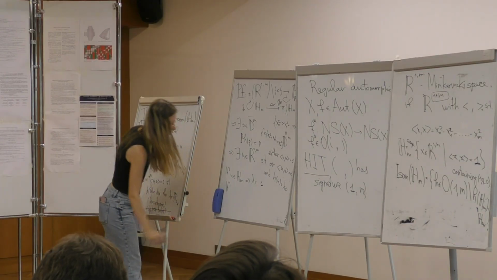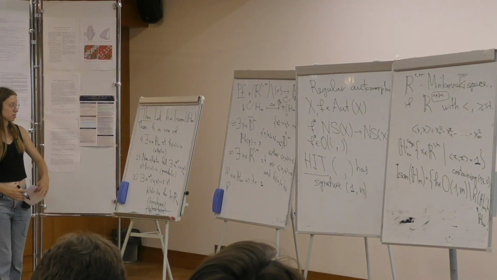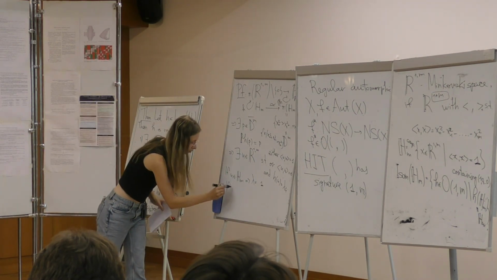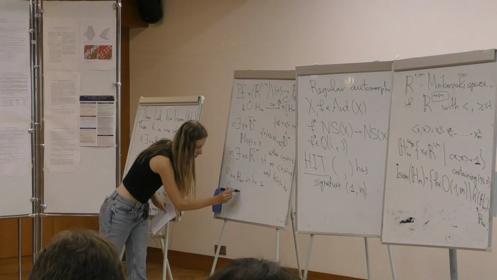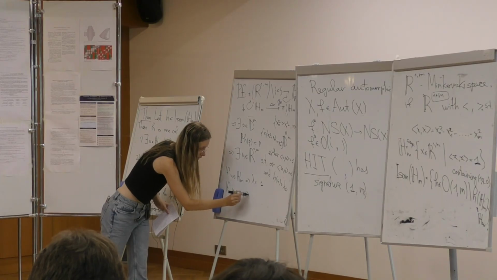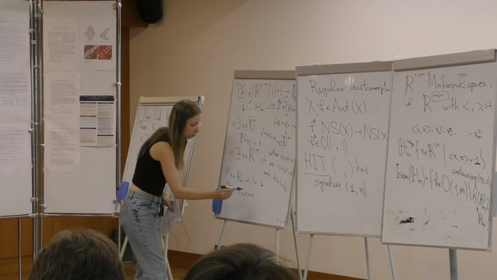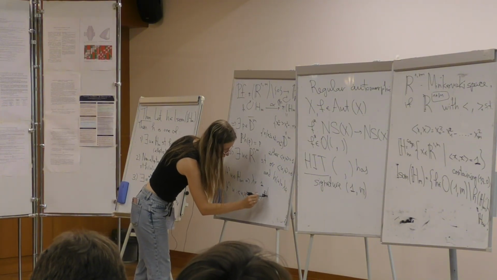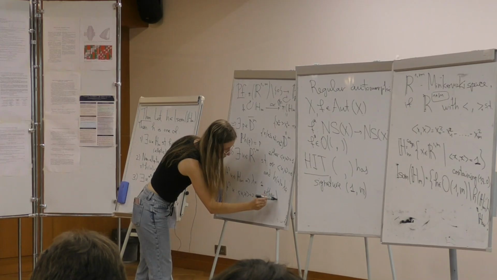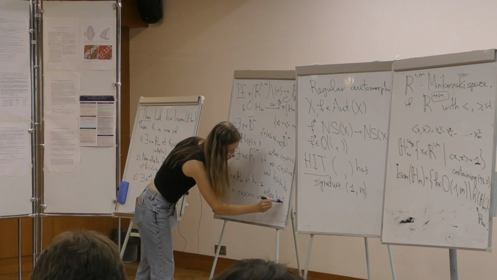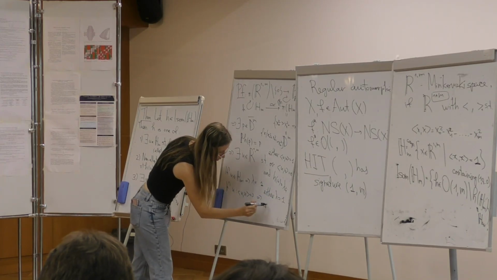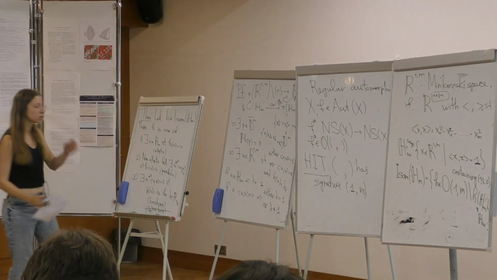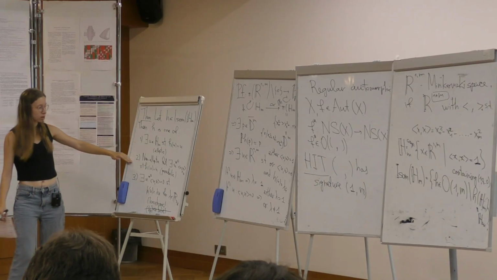And then there are two possibilities. If u is isotropic, then either lambda equals 1, or lambda is not 1.